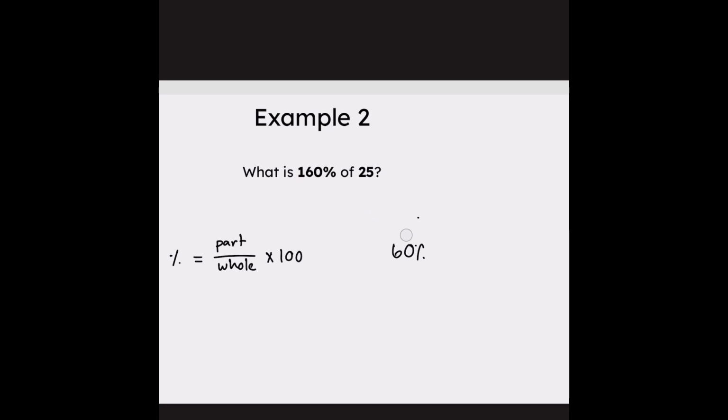So before we get back to this one, let's look at another example. Let's say that I wanted to know what is 160% of a chocolate bar.